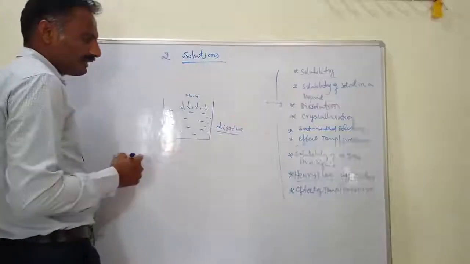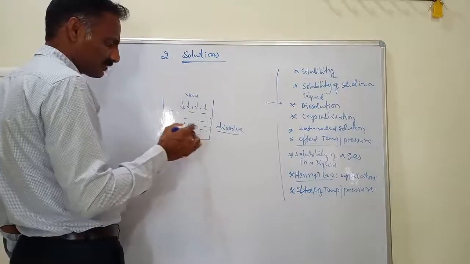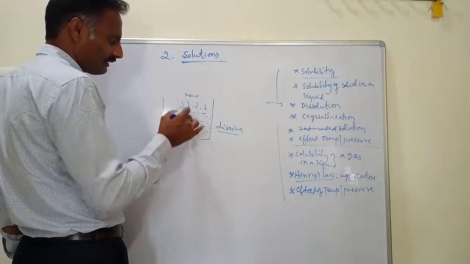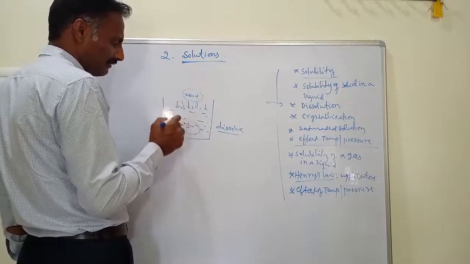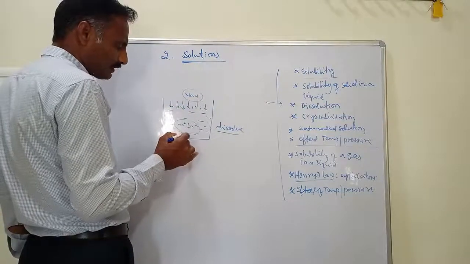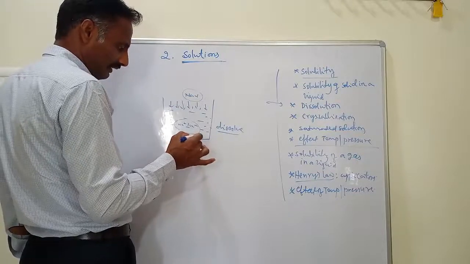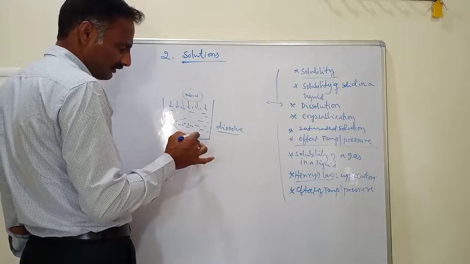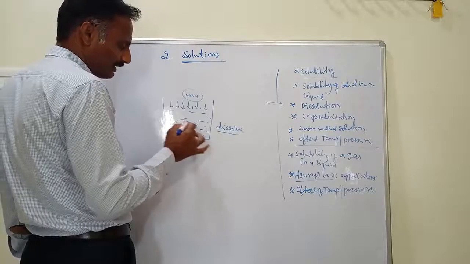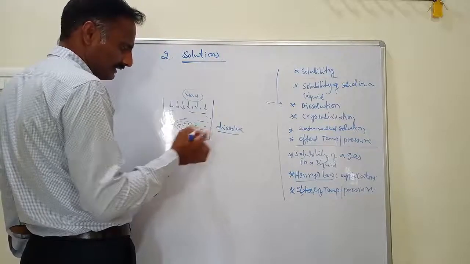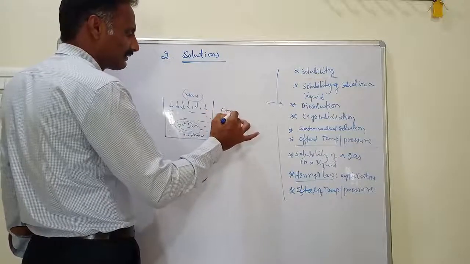Initially, solubility goes on increasing, that is, Na+ and Cl- undergo dissociation. If you keep adding more solute, the solute particles present in the solution are bombarded with solid solute particles, and they form crystals.